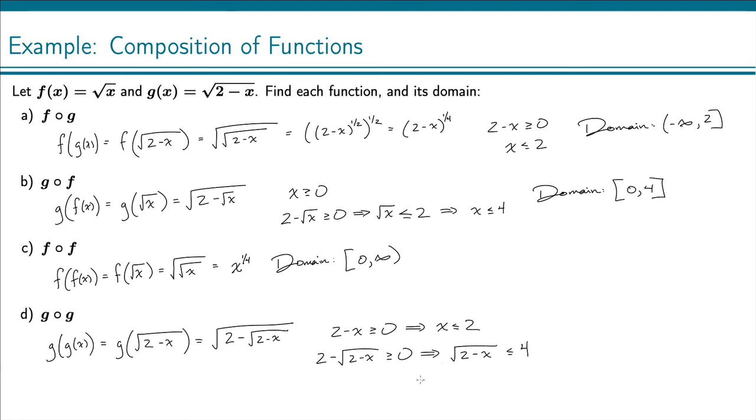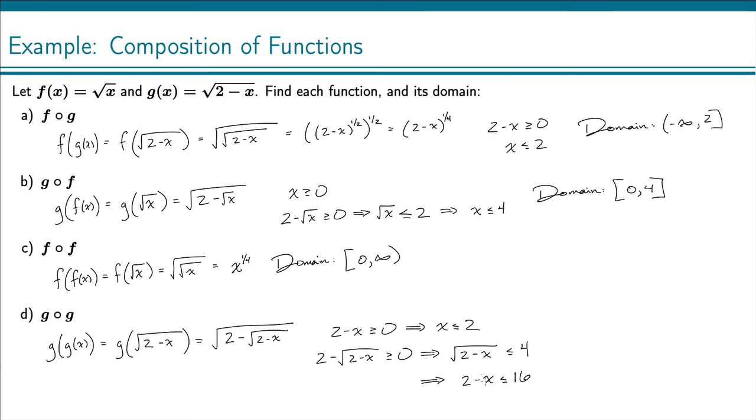Now, if I square both sides, I get 2 minus x is less than or equal to 16. Now, you have to be careful here because the only reason I can just square both sides and not worry about negative values here is that I already know that 2 minus x has to be greater than or equal to 0.